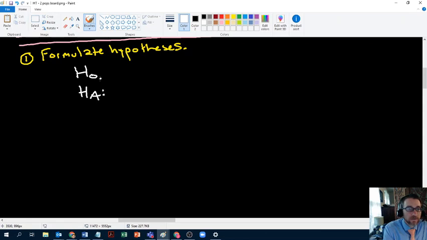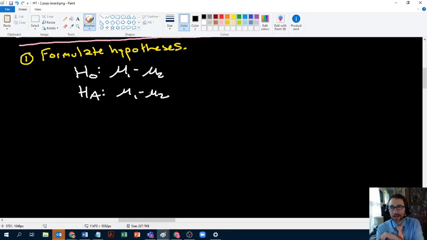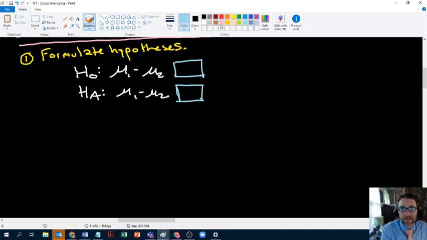And just like the previous case we just dealt with, with two means where sigma 1 and sigma 2 were known, we're going to test a difference between two population means, mu1 minus mu2. And then we're going to have some symbol that goes here, like a binary relation. And on the other side, we're going to have some value, call it d0.